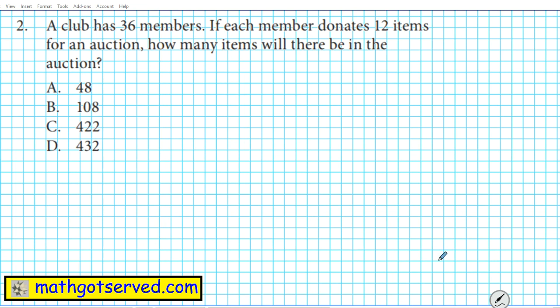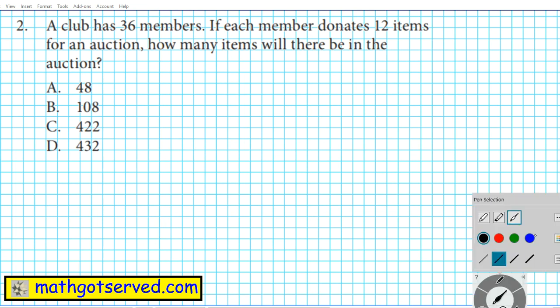Now let's write down the formula. For this particular scenario, the formula that we're going to be using has to do with total amount.